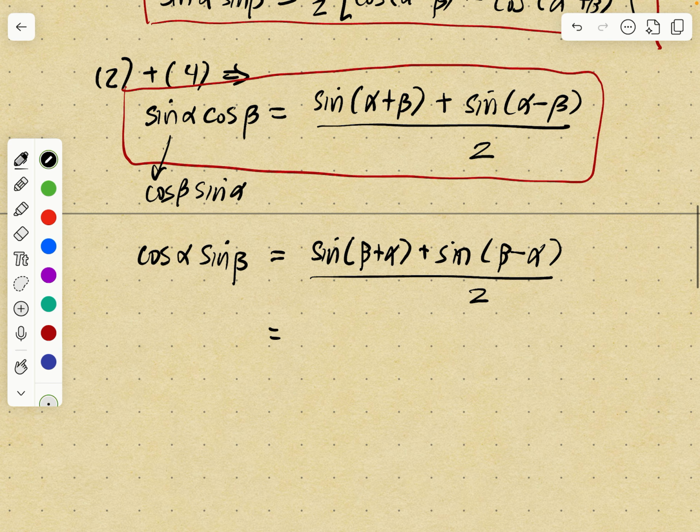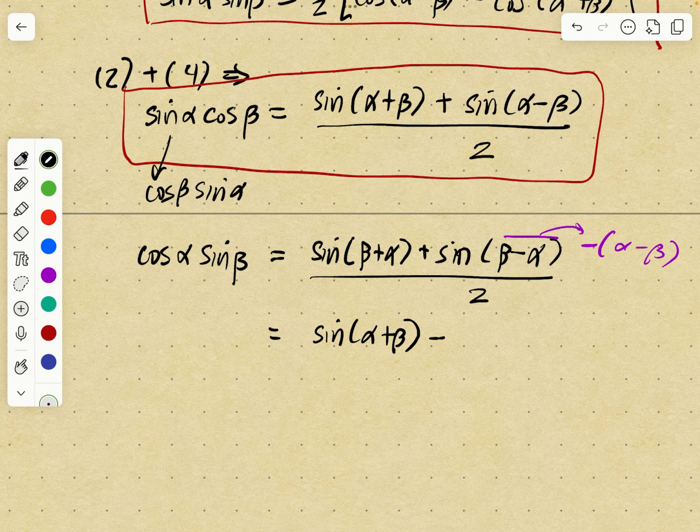And then beta plus alpha is equal to alpha plus beta. So you're going to get sine of alpha plus beta. And then this beta minus alpha, you can just change that to negative parentheses alpha minus beta, and then use the fact that sine is an odd function to pull the minus sign out.